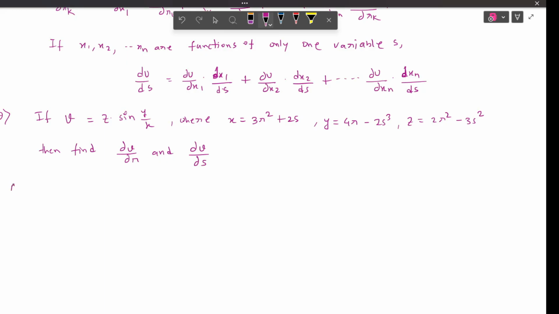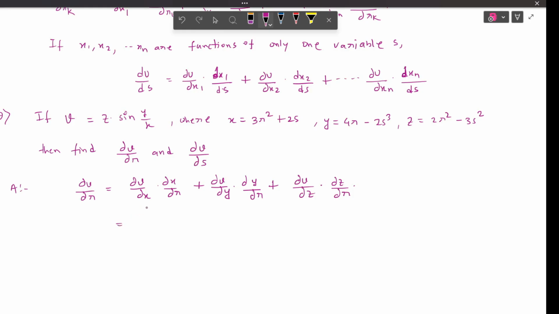So by chain rule we can say that del v upon del r, we can write it as del v upon del x, because we have x, y, z, into del x by del r plus del v upon del y into del y upon del r plus del v upon del z into del z upon del r.